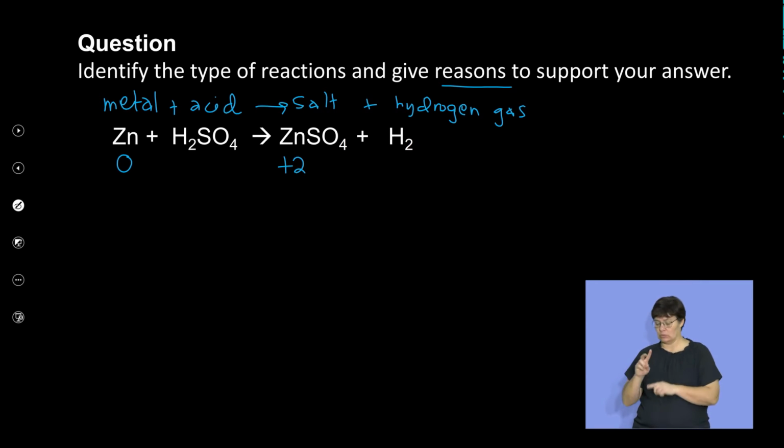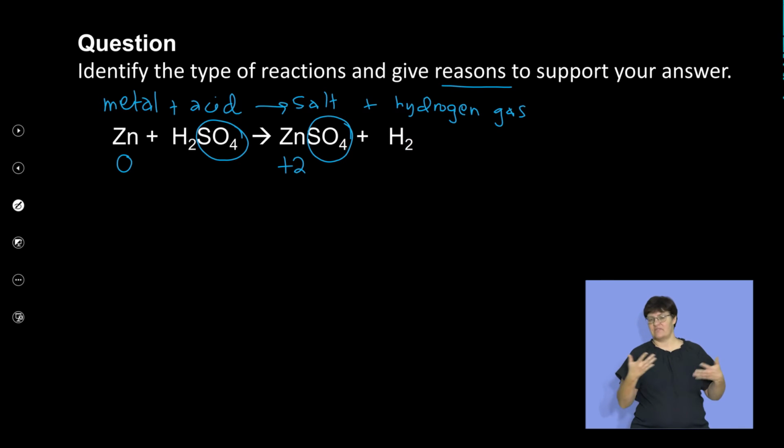The zinc undergoes loss of electrons in this case, while the sulfate ion is a spectator because its oxidation number does not change. So we can represent the change in the oxidation number of zinc using a half reaction.